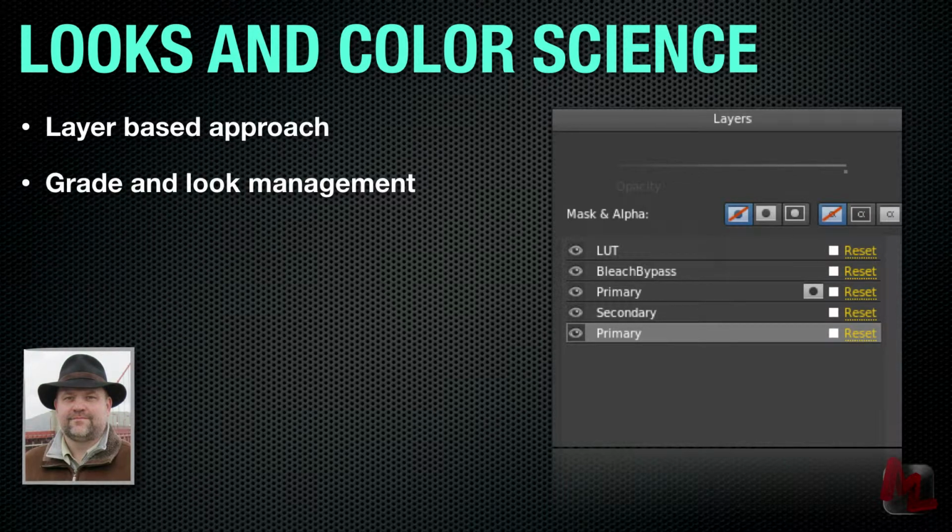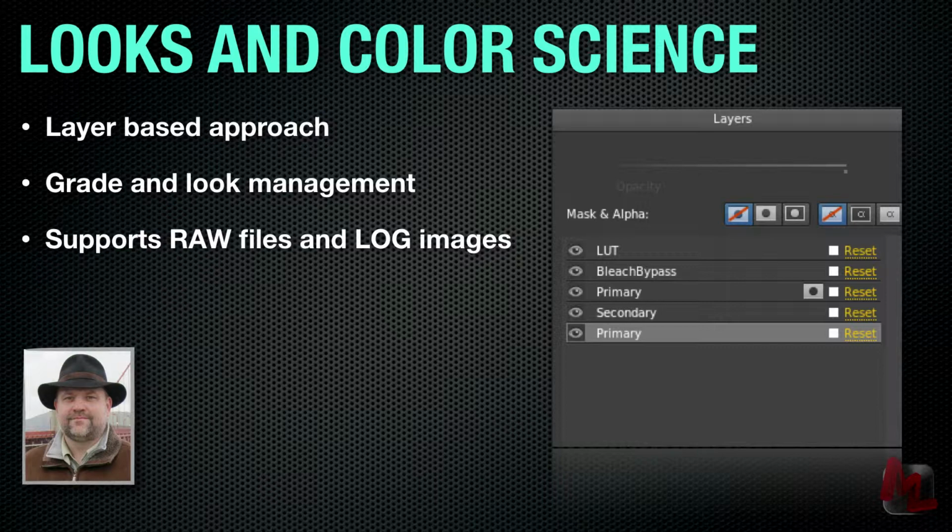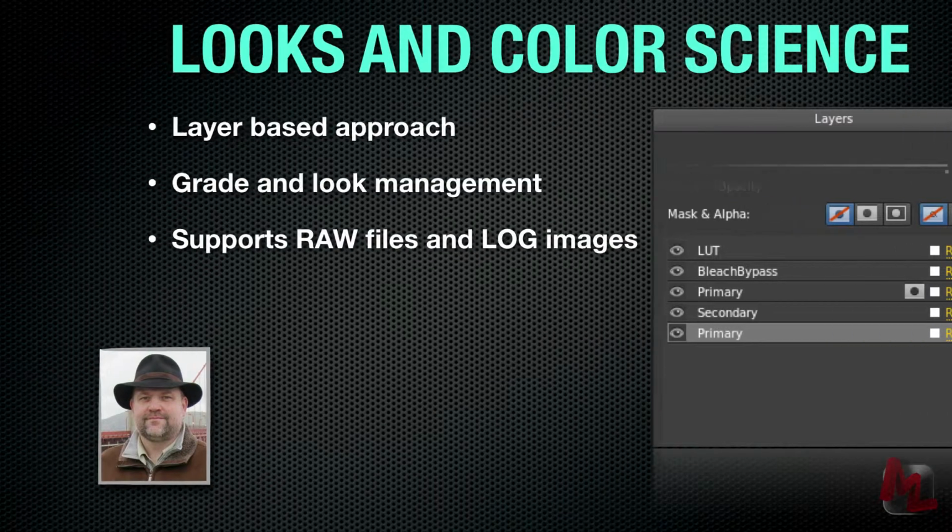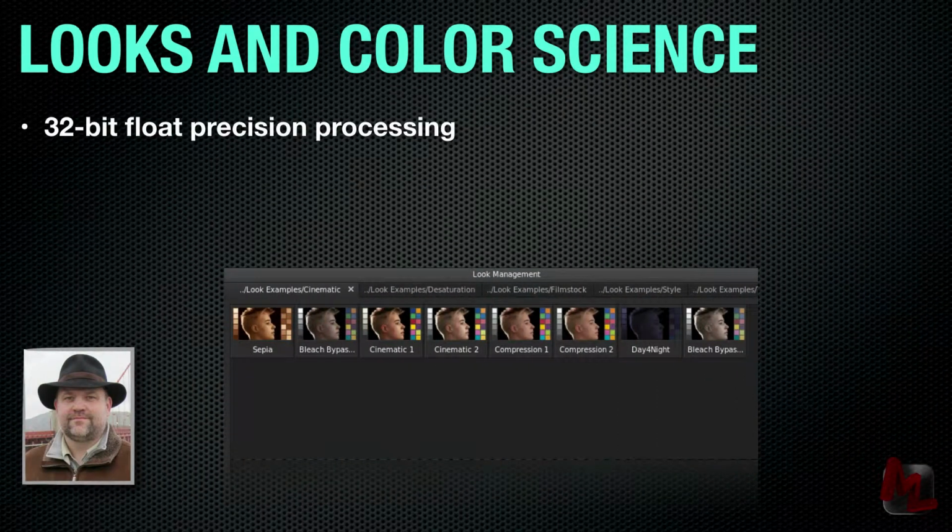It features some very extensive grade management tools, some look management tools. It also supports raw camera formats such as ARRI RAW, RED R3D files, as well as log-recorded image workflows that you might get out of, say, a flat image setting on your DSLR, or log images coming off of an ARRI or Sony camera. And 32-bit floating point processing, well, that's kind of like part of the genetic makeup of this app. It is built in from the ground up.